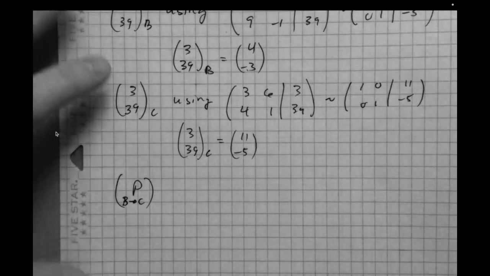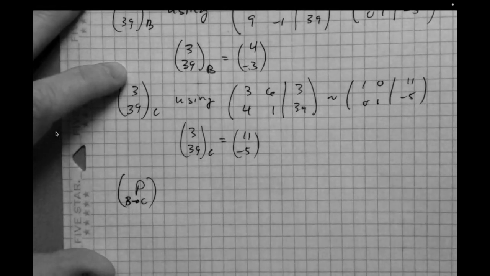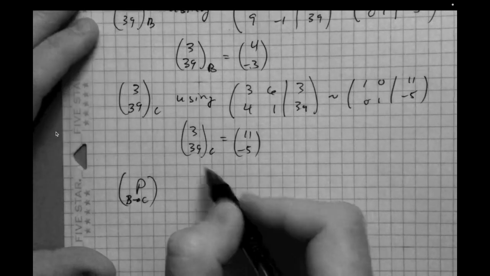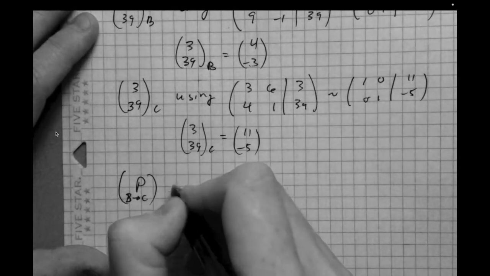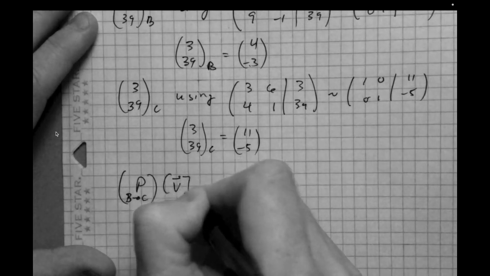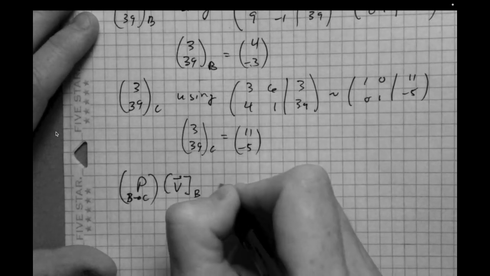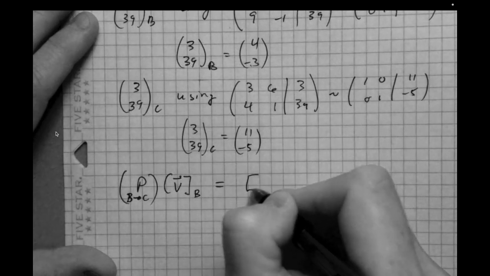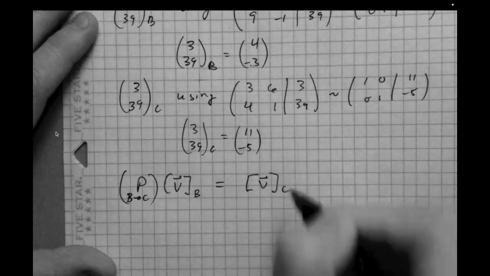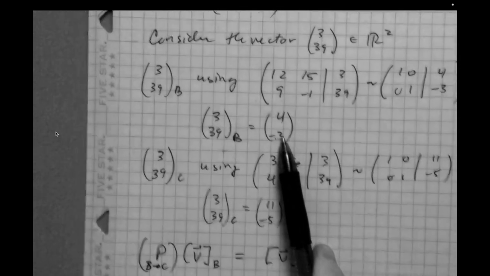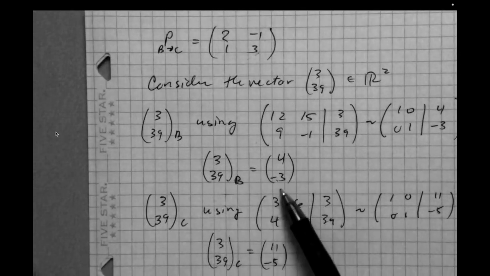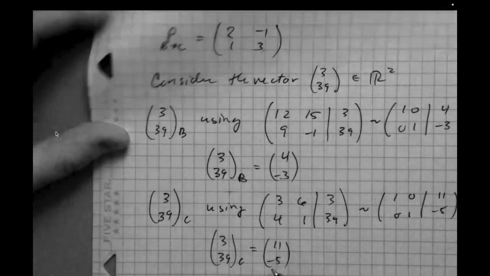I'm going to multiply the transition matrix from B to C against the coordinatization in B, and what I should get is the coordinatization in C.